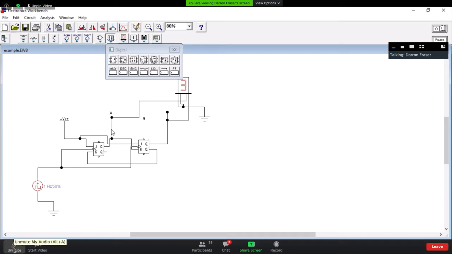So going back to the board and designing a bigger circuit, so that in the next class we talk about what we actually need to be able to do.